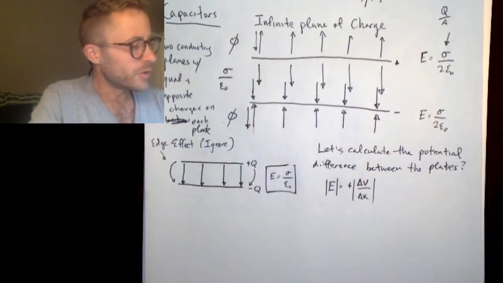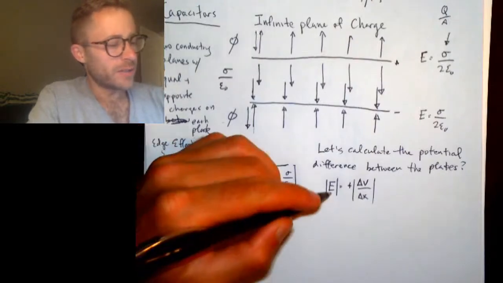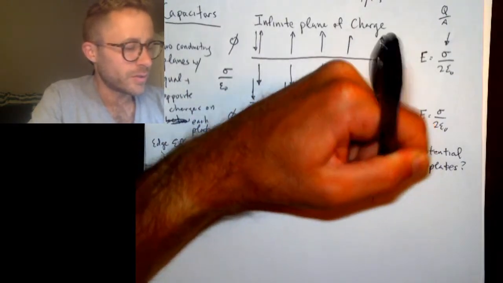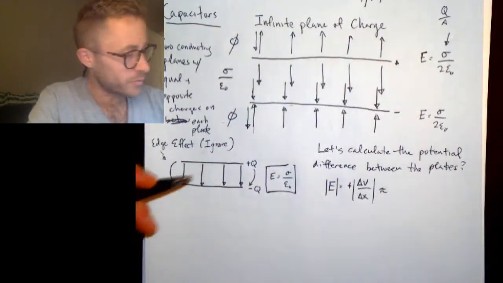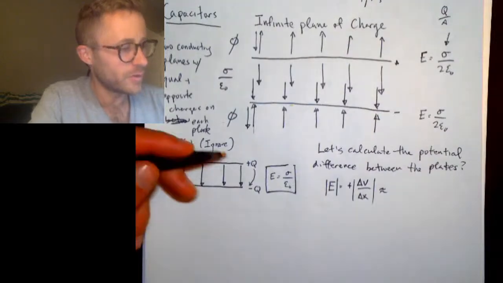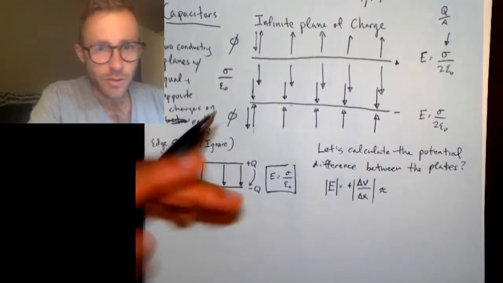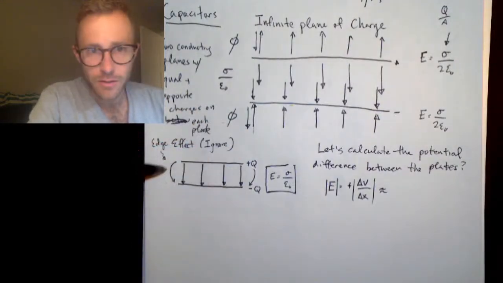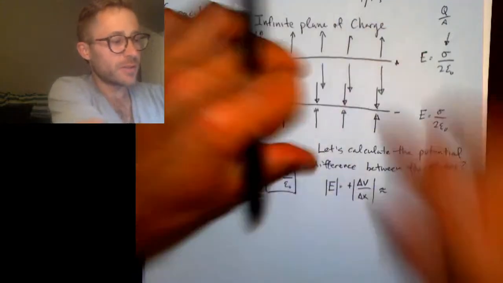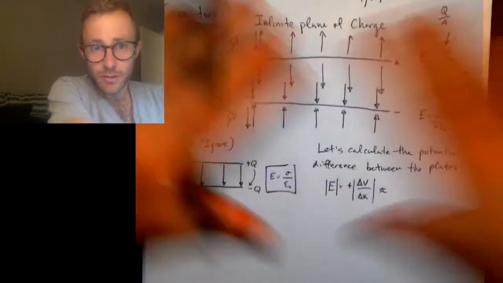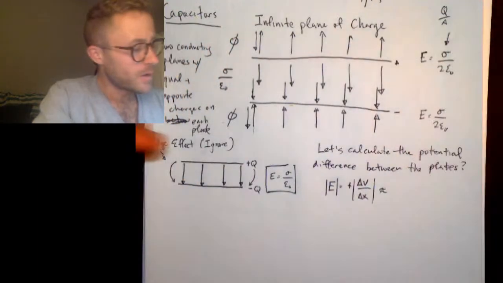The magnitude of the electric field between the plates is approximately constant. The only thing that makes it not constant is the fact that these plates are finite. But we know that if it's infinite conducting planes, then the electric fields are constant everywhere.